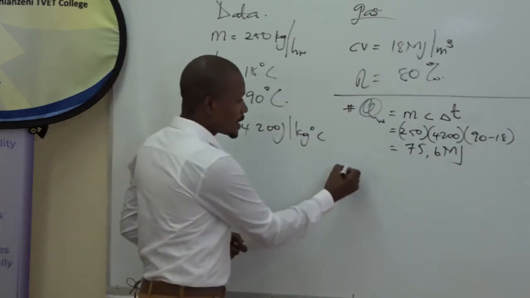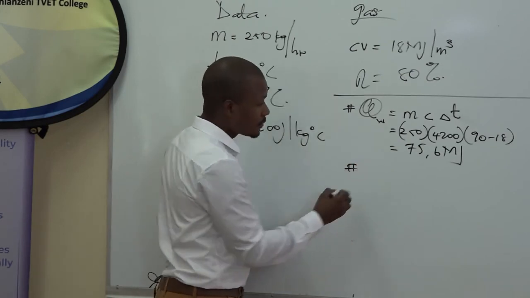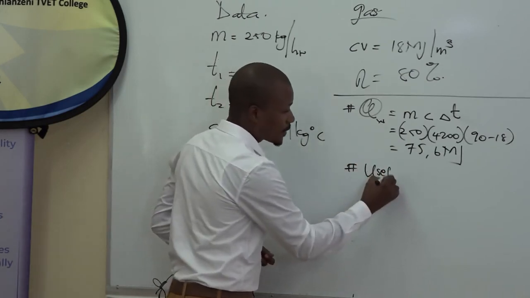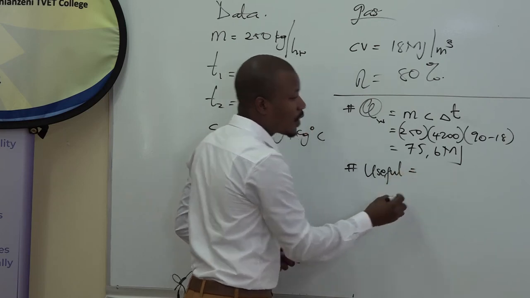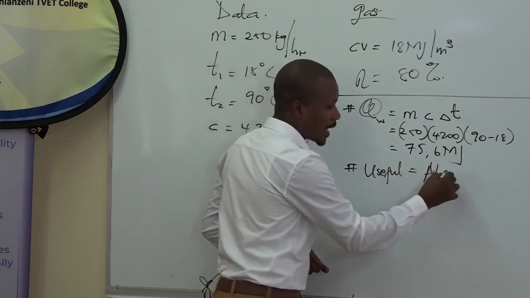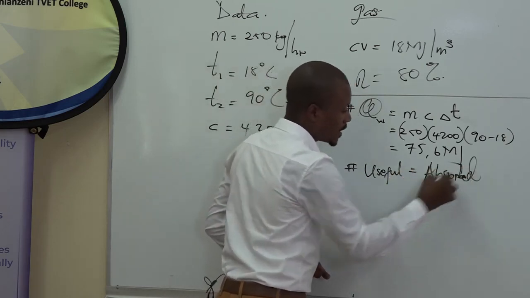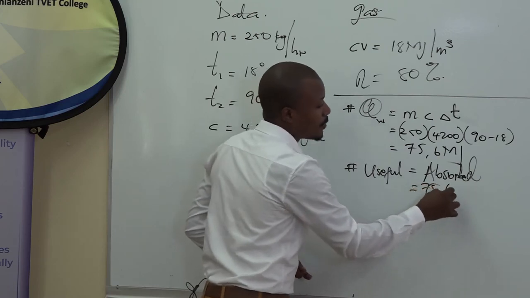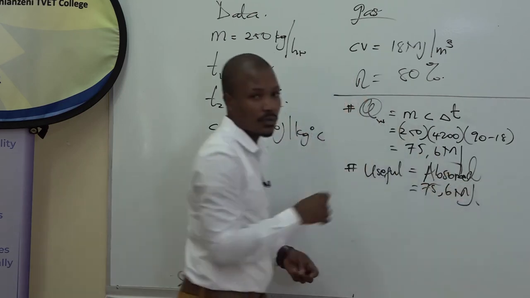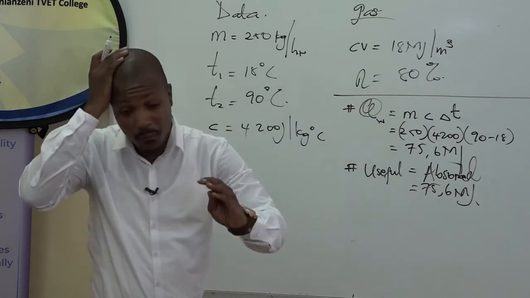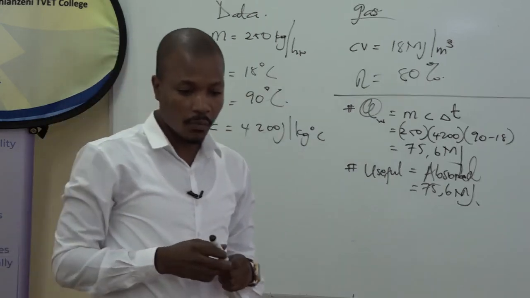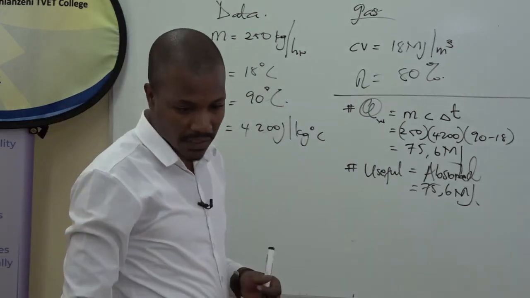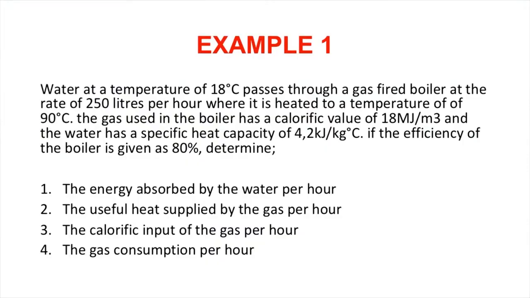This means the useful heat will be equal to the absorbed heat, which is 75.6 megajoules. I don't have to calculate that, because I know that is the energy which I obtained in the water.